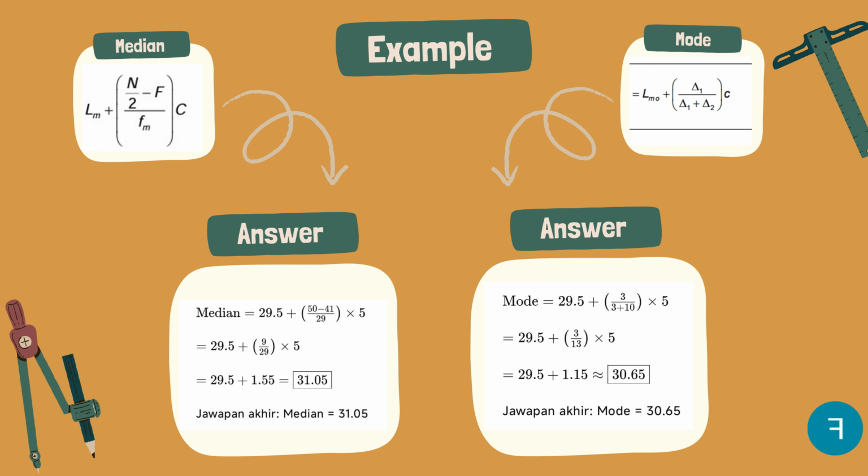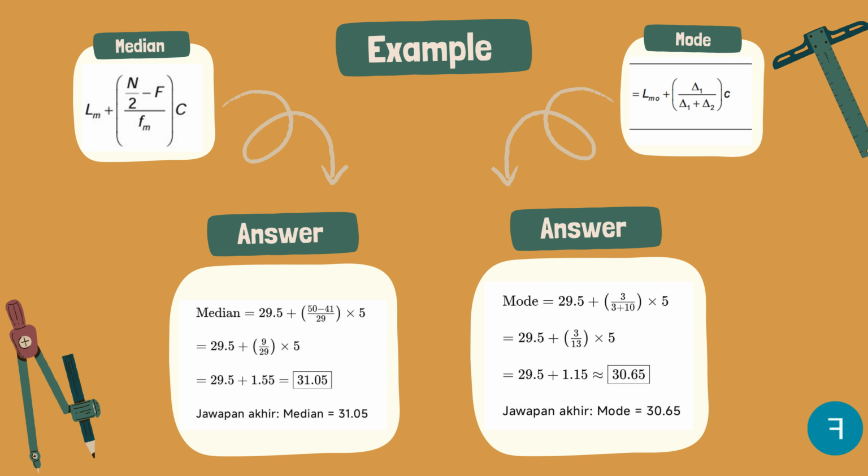Okay, this is an example of question. 29.5 plus 50 minus 41 divided by 29 and multiply by 5. Okay, 29.5 is the lower boundary of the median class and 50 is half of total frequency and 41 is cumulative frequency before median class and 29 is frequency of the median class and 5 is class size.